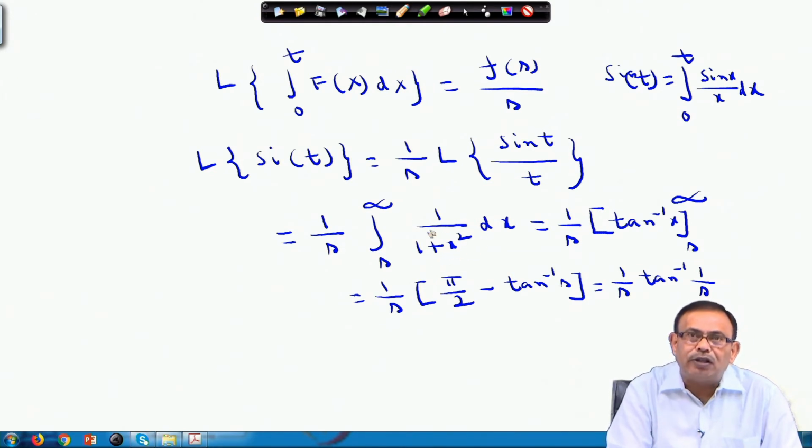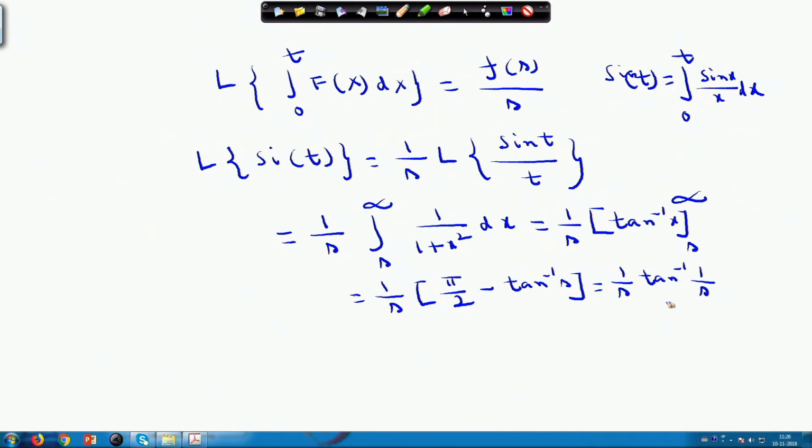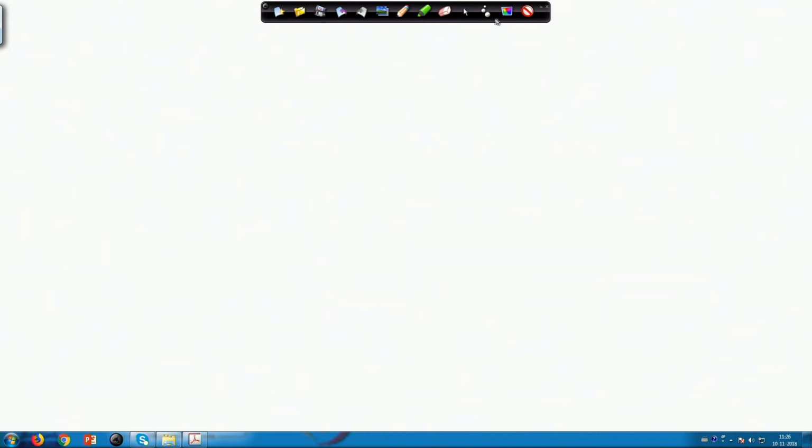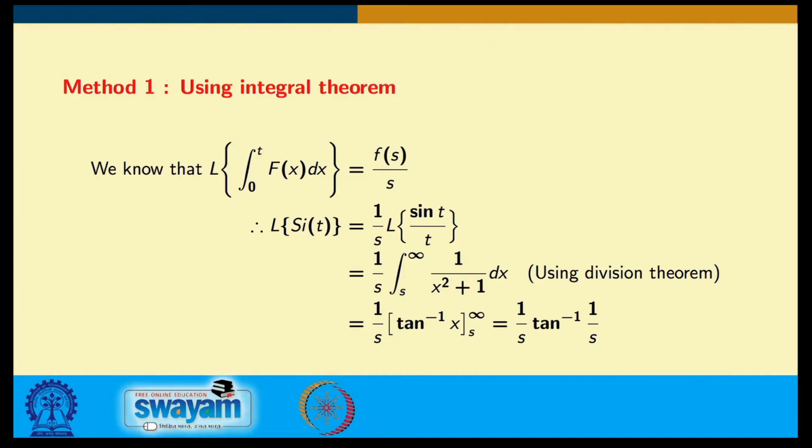Ultimately it boils down to evaluating the integral dx by 1 plus x square, and you obtain the result 1 by s tan inverse 1 by s. So, this is your one method, as I told you, using the division theorem.